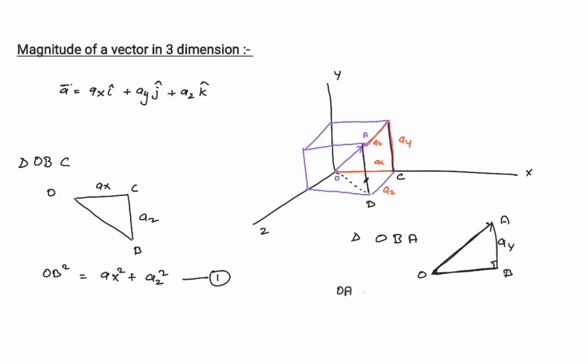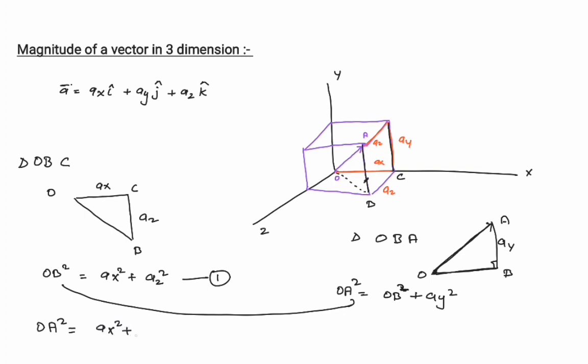OA now. OA will be given by OB square plus AY square. I am just using the Pythagoras theorem. Now put the value of OB square from here to here. You will get OA square as AX square plus AY square plus AZ square.